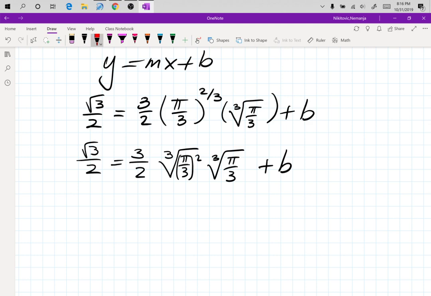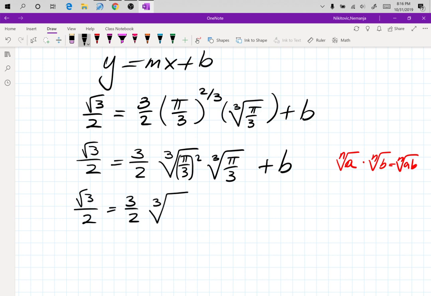The rule was root a times nth root b is nth root ab, so we can combine them. So this is root 3 over 2 is equal to 3/2, and now you have a cube root of pi over 3 cubed, and this is where they cancel.